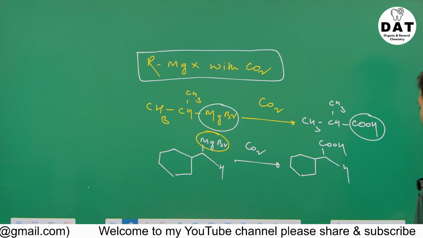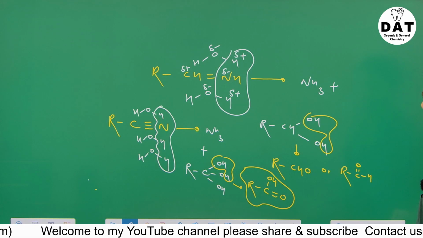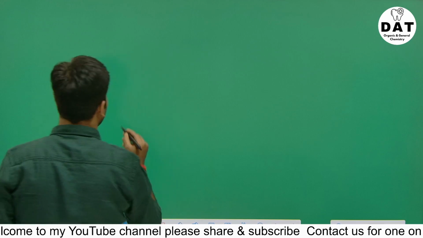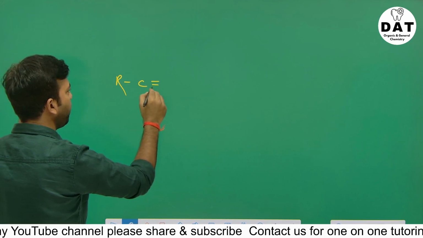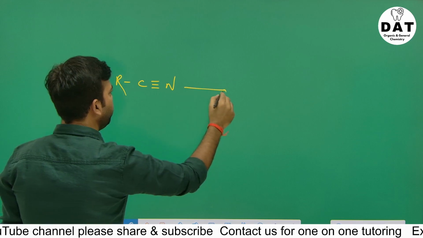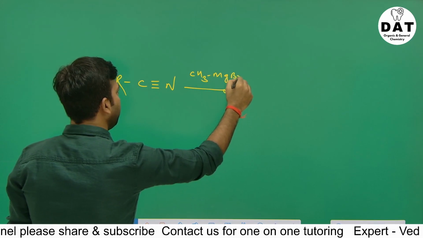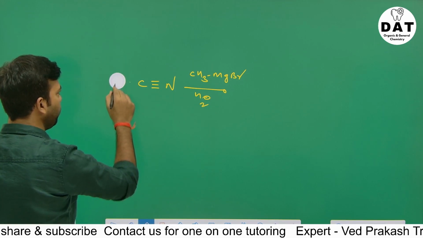So let's talk about the reaction of Grignard with cyanide. Suppose we have CH3MgBr and here water. I am going to remove this R and keep CH3 here.